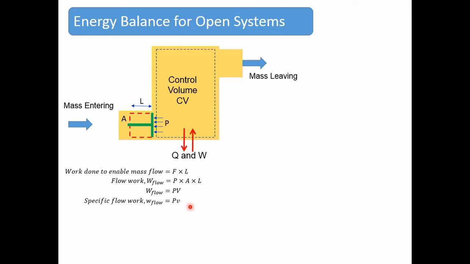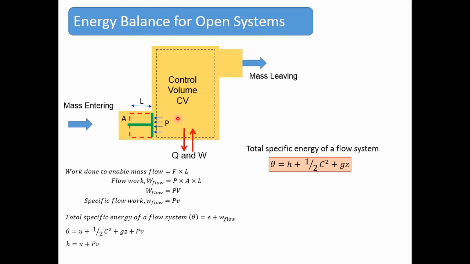The work you have done to push the mass into the control volume becomes an integral part of the energy of the control volume. Therefore, the total specific energy of a flow system comprises the total energy of a non-flow system, which is denoted by E, plus the flow work.